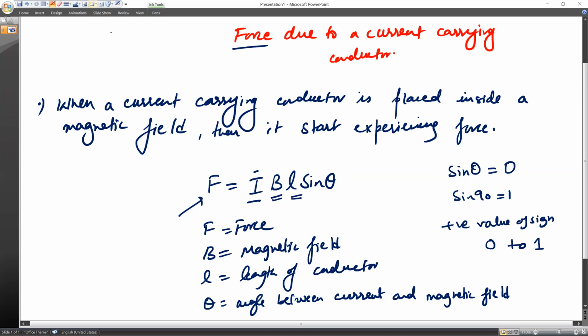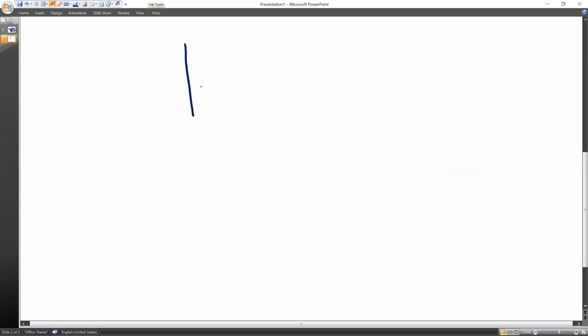The graph of sin theta is like this. Sin 0 is 0. Then at 90, it is 1, and this is -1. So at 90 it has the maximum value. Then at 180 degrees it is again 0.